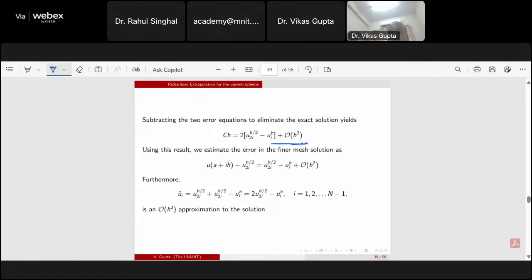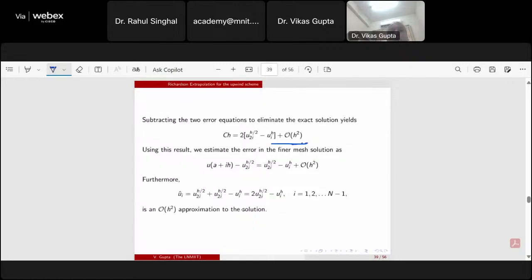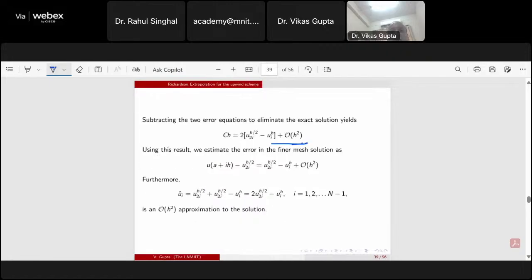Now using this result in this equation, we estimate the error in the final mesh solution. So u(a+ih) minus u_{2i}^{h/2} is equal to 1/2 into Ch.